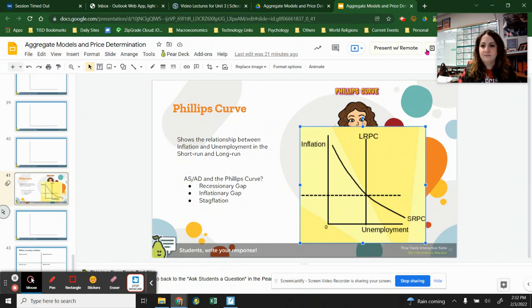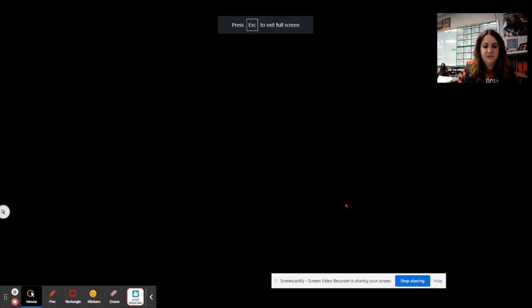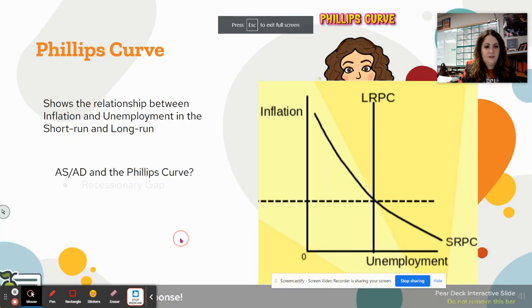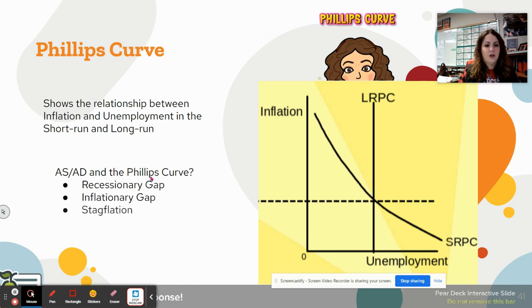So what we just covered was, here is our Phillips curve. This point right here is demand pull inflation. Demand pull inflation is point A. Well, I guess I should have made it point B because it was clear.